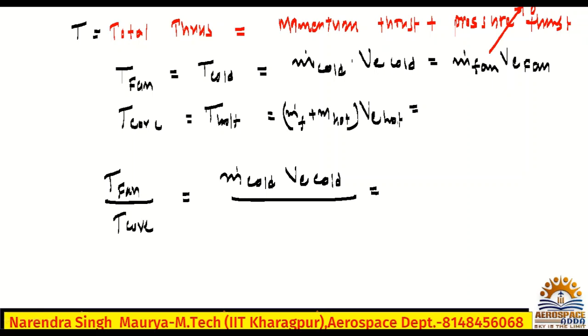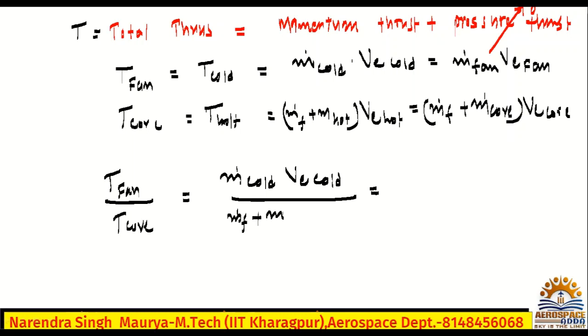Now it is clear. Or you can write m dot fuel plus hot air, also called m dot core, into V exit core. I think it is clear now. Here it will be m dot f plus m dot hot air into V exit hot.